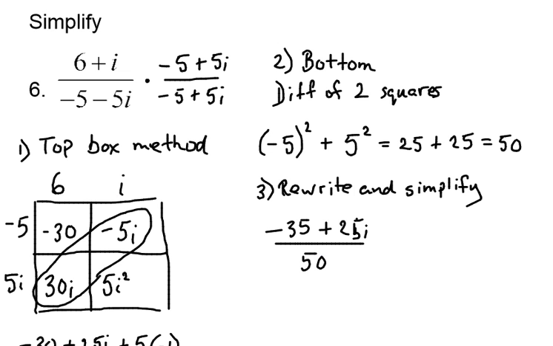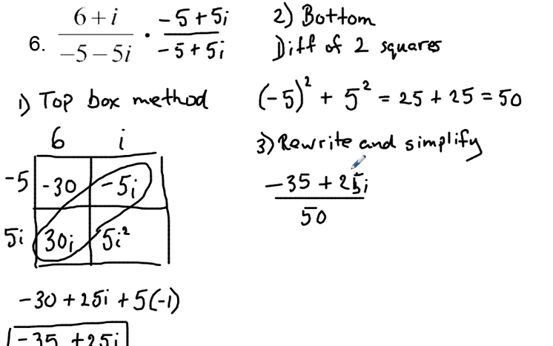Now we can't leave this rational piece right here like so because we have to simplify. So in order to simplify, we're going to separate the fraction. I'm going to write negative 35 over 50 plus 25i over 50. We write the denominator twice.